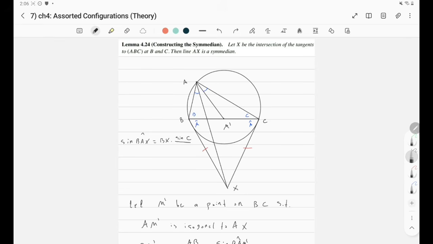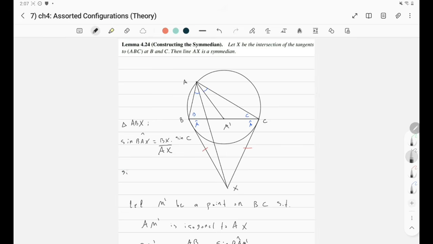So over AX, we just write it here. Over AX, it's just like a simple application of this law of sines. So here we just apply the law of sines in the triangle ABX.